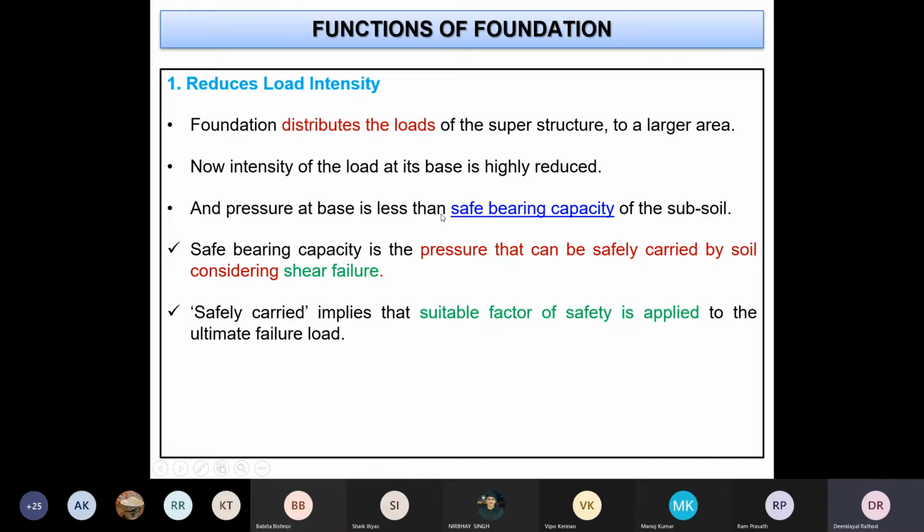Failure means it will shear. When shear occurs, what happens? This particular foundation is going to settle down. Because of this settlement, what happens? You could see some cracks in the building. So what we do is we also consider a suitable factor of safety. Suppose if it carries 1 ton, we say that it carries half ton only. In that way, some factor of safety will also be taken care of.